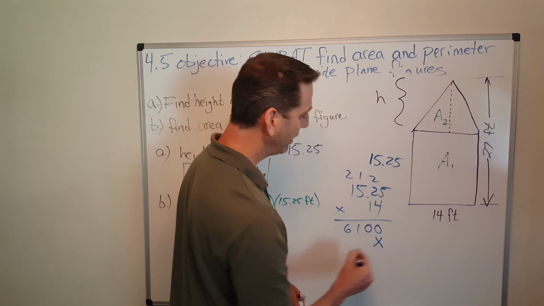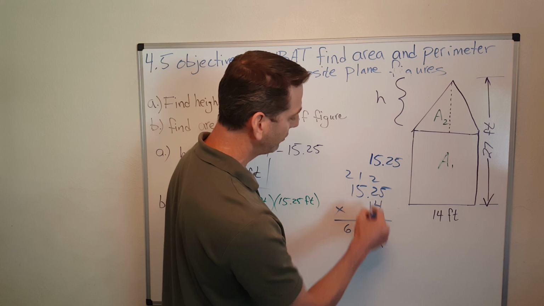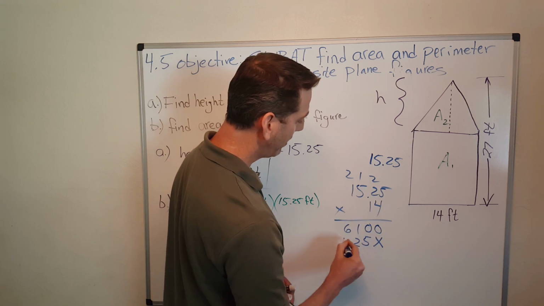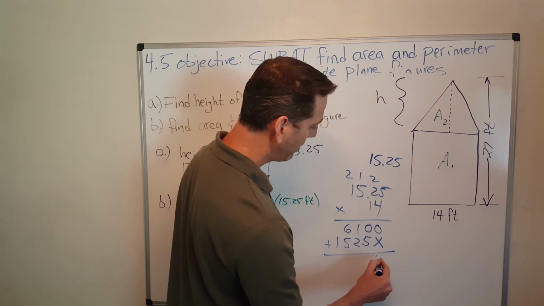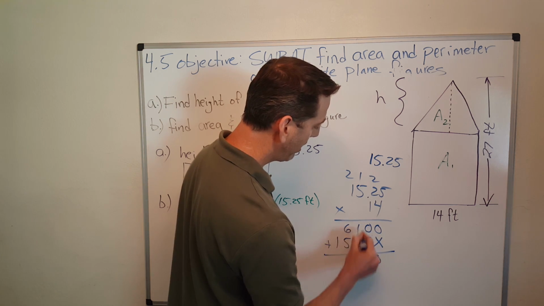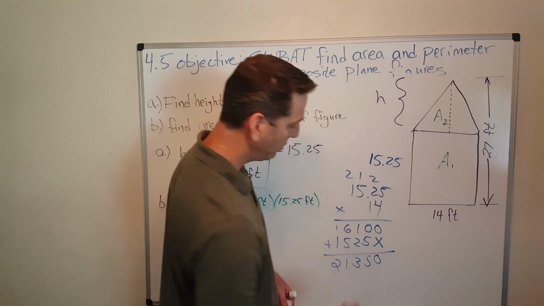Now I have to put a little placeholder there. 1 times 5 is 5, 1 times 2 is 2, 1 times 5 is 5, and 1 times 1 is 1. Add them all up, and I get 21350.